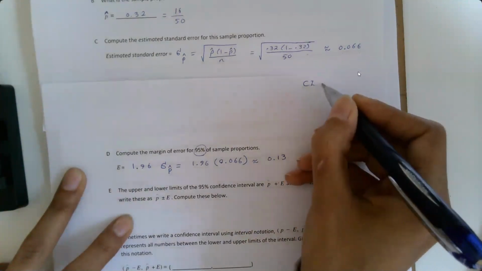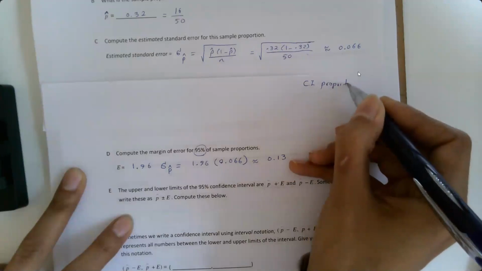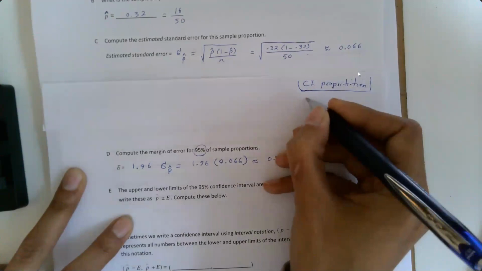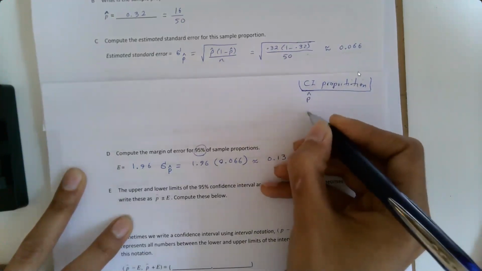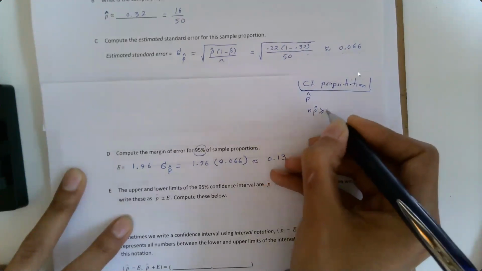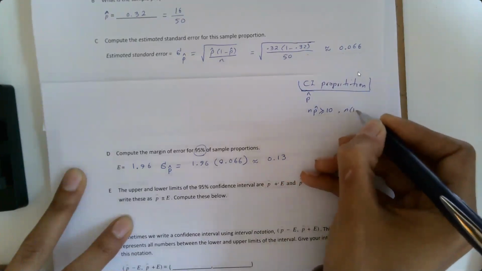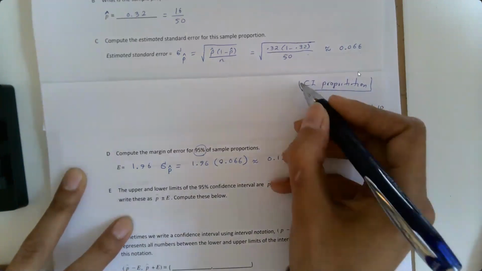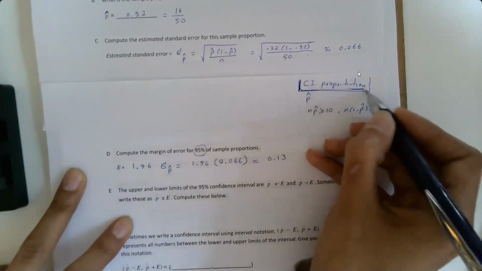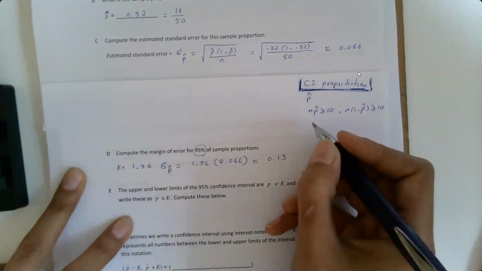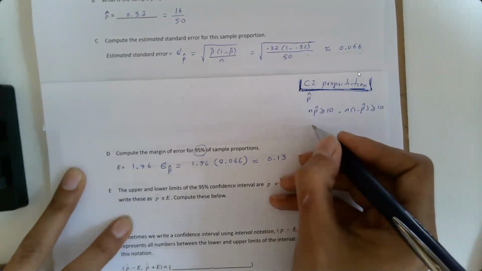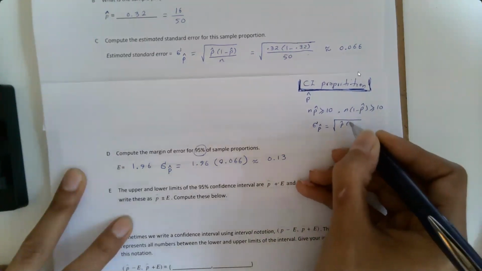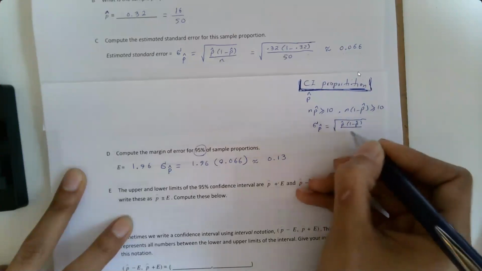So again, confidence interval for proportion. Let's summarize what we did here. We found p hat. We checked the normality: n times p hat is greater than or equal to 10, and n times 1 minus p hat is greater than or equal to 10. Then we found our standard error, which is the square root of p hat times 1 minus p hat divided by n.